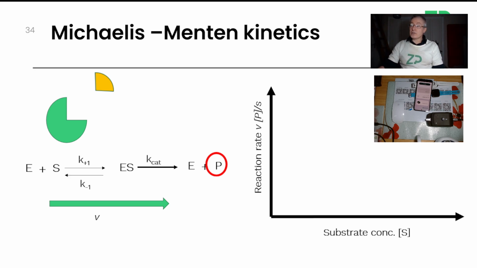And if we look at the rate of reaction, or the rate of production of P as a function of time, we will find that if we have a low concentration of substrate, we get a certain rate of reaction. Then as we increase the substrate concentration, the rate of production of P increases.